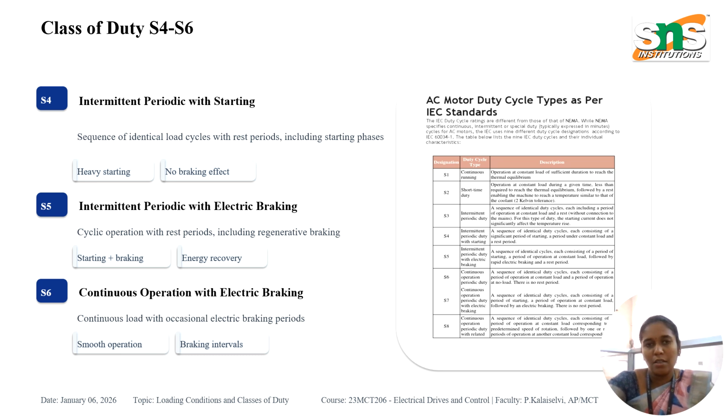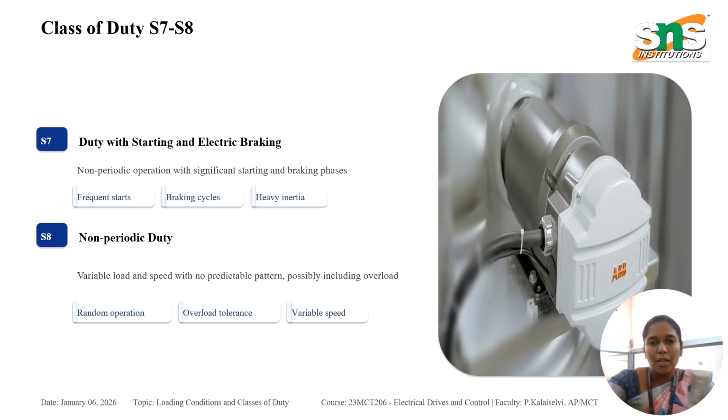S6 is continuous with electric braking. The motor runs continuously in this type, and there are occasional braking intervals. There are no rest periods here, and it is used where smooth continuous motion is required. Now S7 and S8 duty cycles.